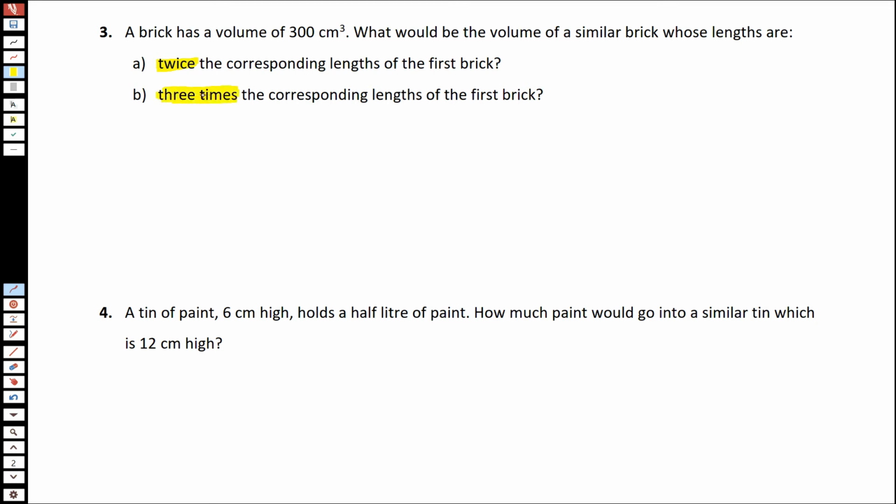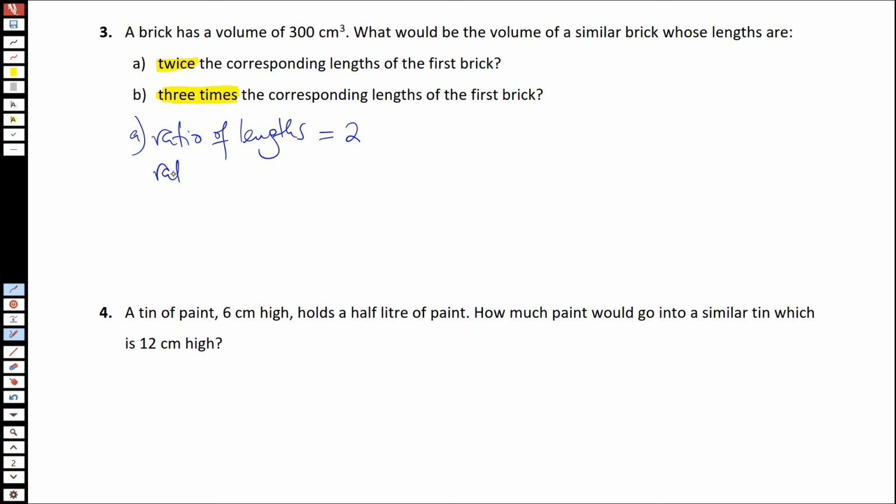So for part A, clearly we can see that the ratio of lengths is 2, and we are trying to find the volume of the new shape, so we need the ratio of the volumes.